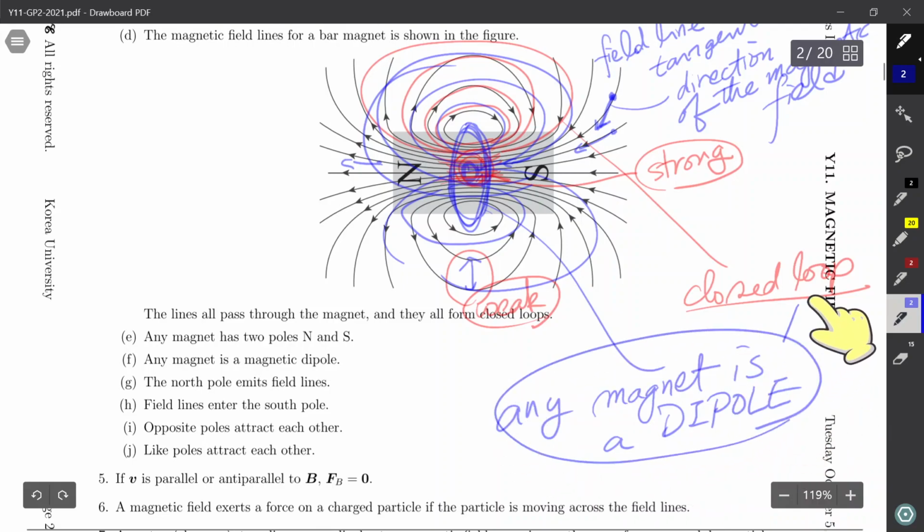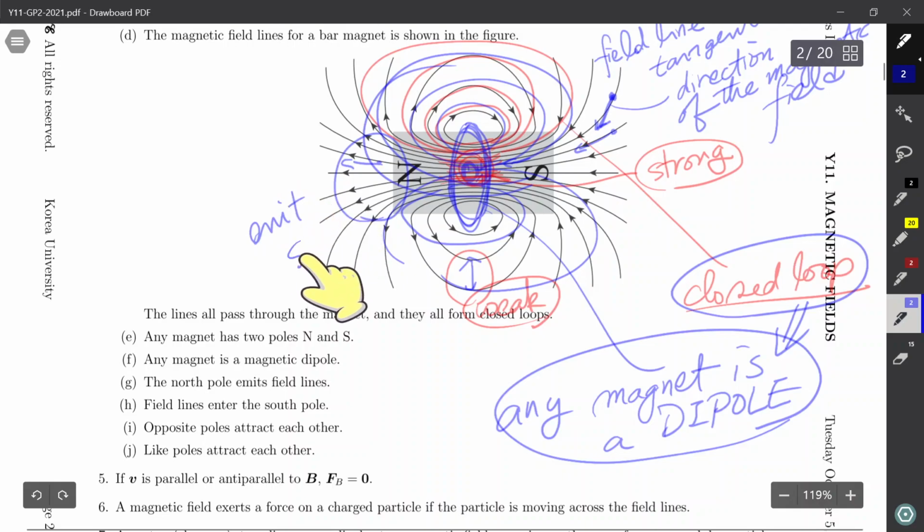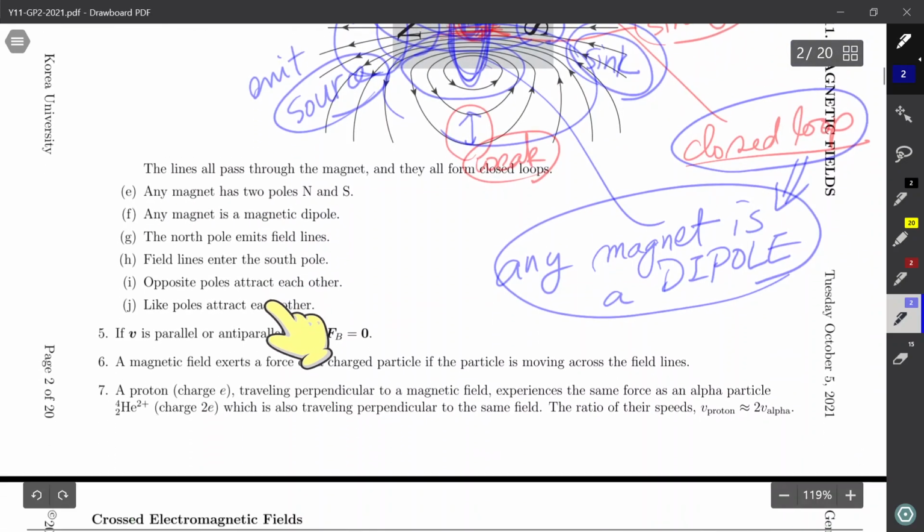Because it's a dipole, the loop is closed. Any magnet is a magnetic dipole. The North pole emits field lines. This is the source. This is the sink. The South pole is a sink, and the North pole is the source.